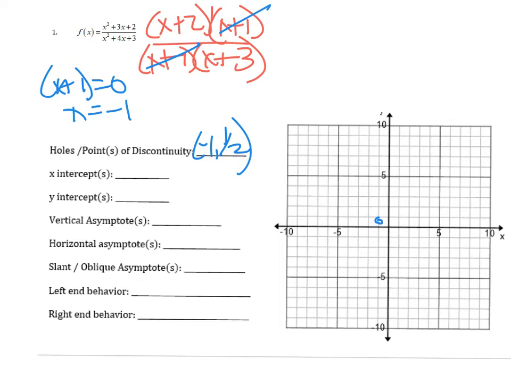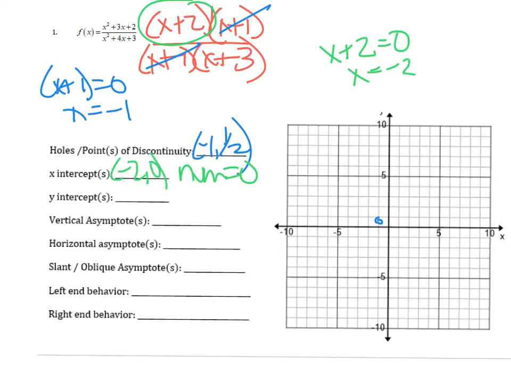Okay, my x-intercepts, I basically set my y value to 0, which is my numerator equal to 0. So you're only going to use what's left, which is x plus 2 equal to 0. So my x is -2. And remember that they are coordinates, so -2, 0. Right there.